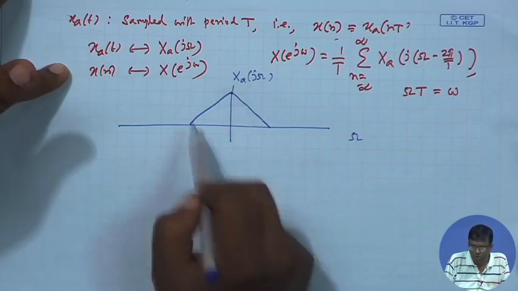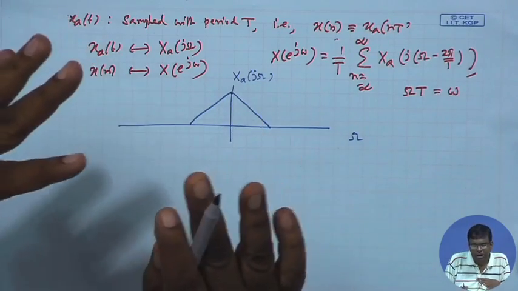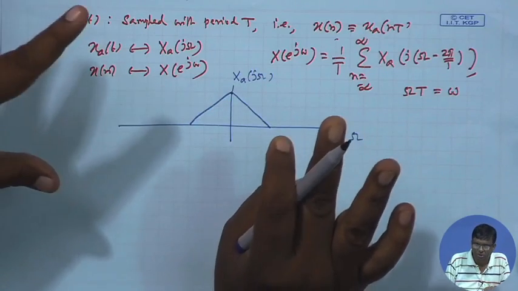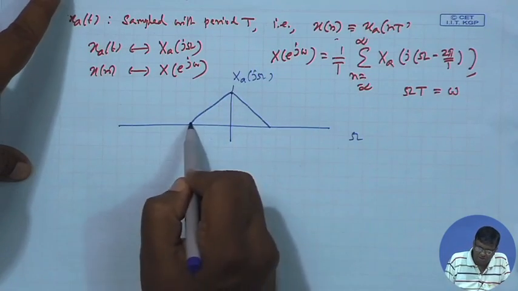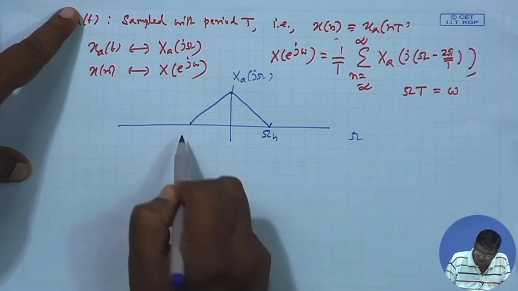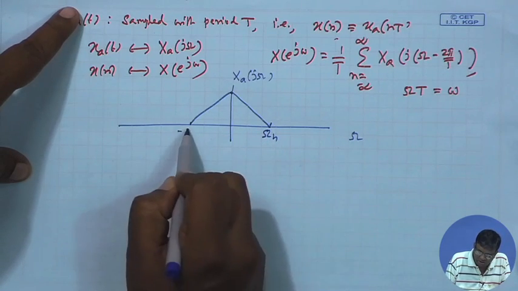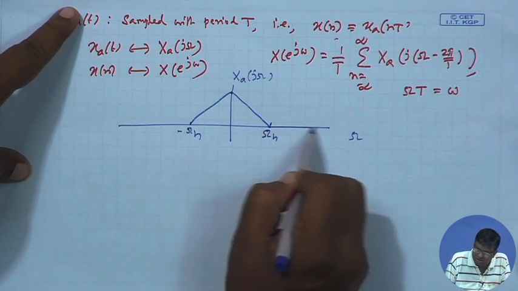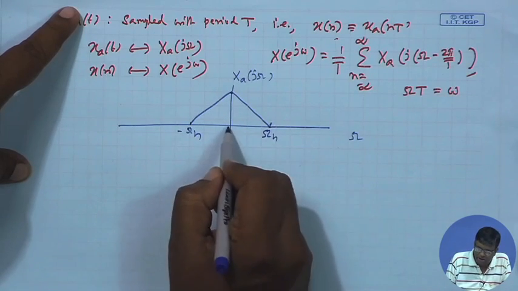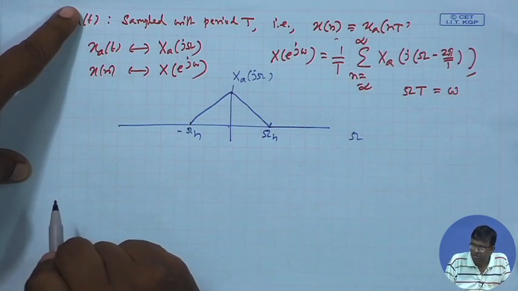Okay. But whatever logic I use here, that will be applicable if you draw the magnitude part separately and phase part separately. Suppose it goes up to omega h, h for highest, and outside this is 0. Then it is a band limited function, band limited up to some capital omega h.